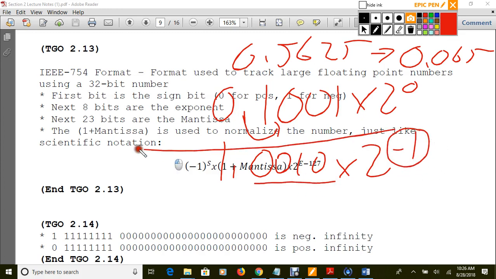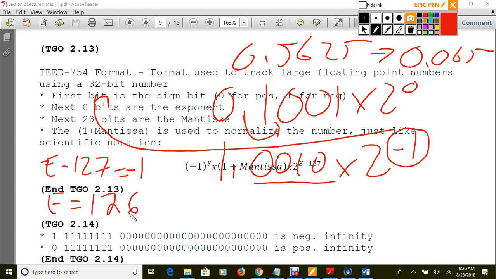If you go back to your equation, E minus 127 is equal to negative 1. So that E is just going to be equal to 126. Right? So 127 is 0 and 7 ones. You subtract 1 from that, it's 126.